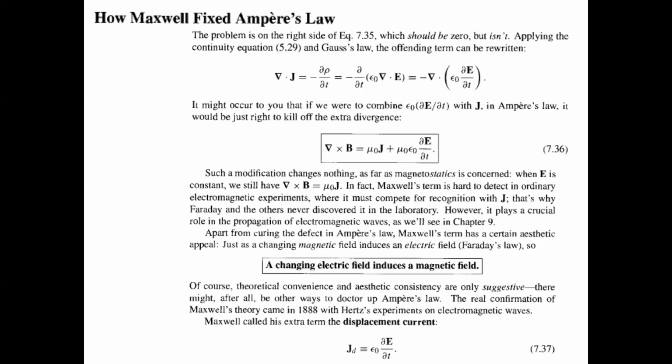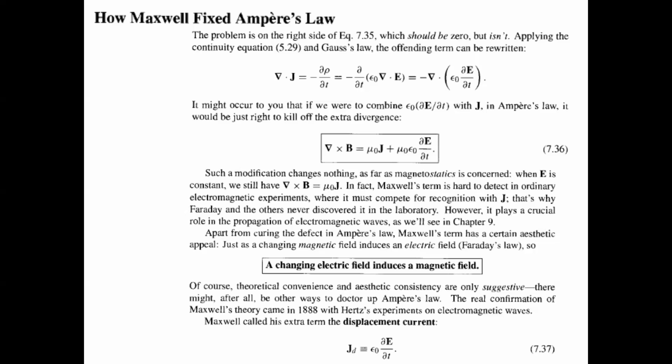So while you're changing an electric field, which is ∂E/∂t, it gives rise to a magnetic field. The real confirmation of Maxwell's theory came many years later, in 1888, with Hertz's experiment on electromagnetic waves.